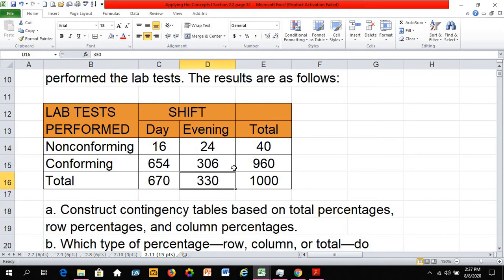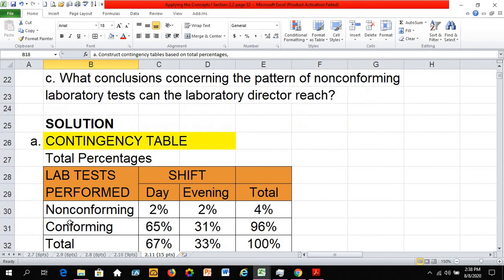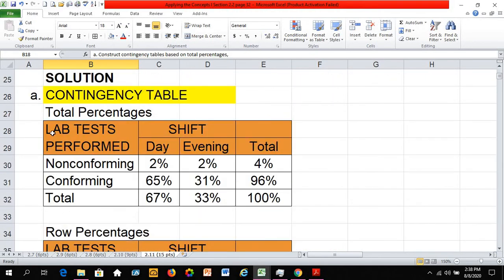Okay, so by total, all tests that need to be redone is 40, and all correct lab tests is 960. Total is 1000. So first question: construct a contingency table based on the total percentages, row percentages, and column percentages. So we have the contingency table below. So this is our solution.